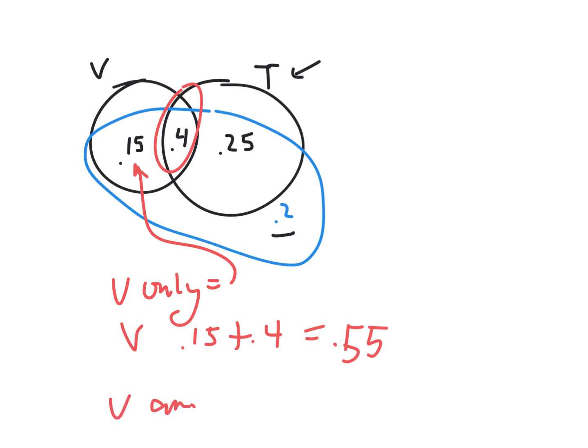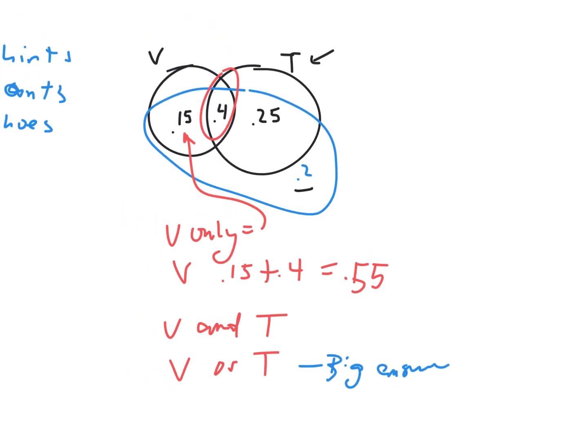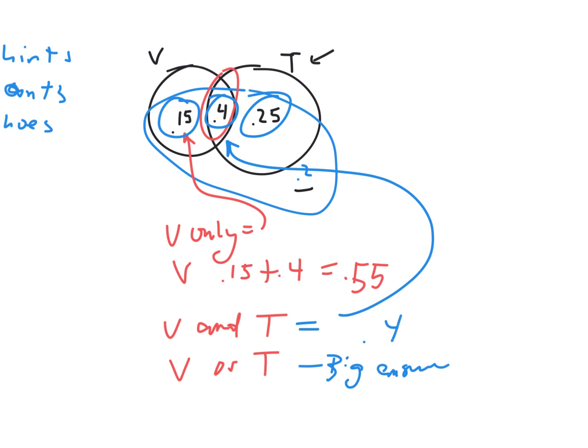Vikings and Twins, Vikings or Twins. I always tell kids that "or" is a small word that means a big answer. If it's Vikings or Twins, it's all 3 of these things. And if it's "and", it's only the middle one. This kind is a small answer. So it's just the 0.4. So there's a quick reminder of how you do that kind.